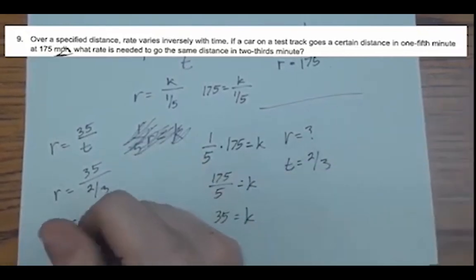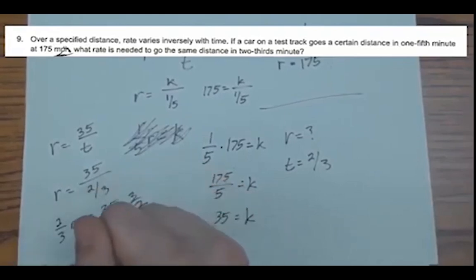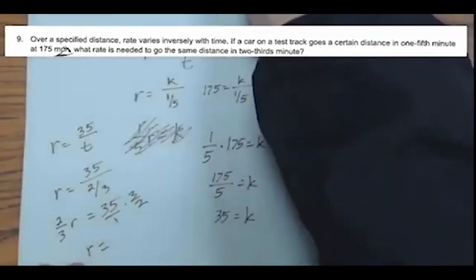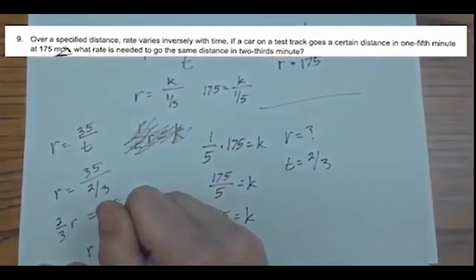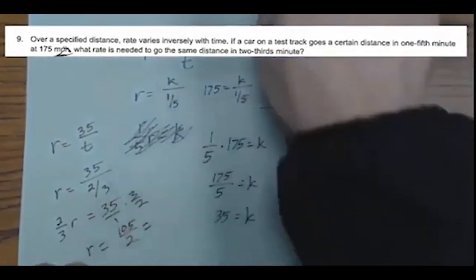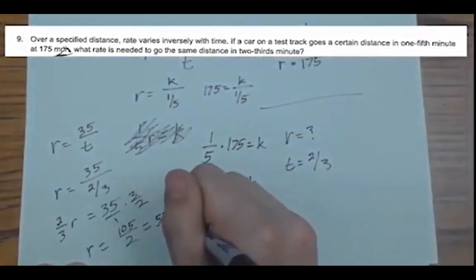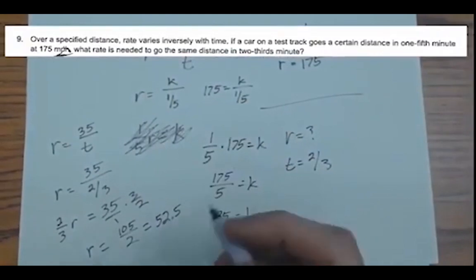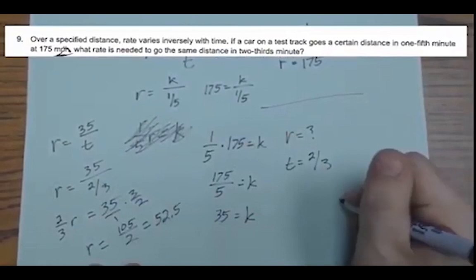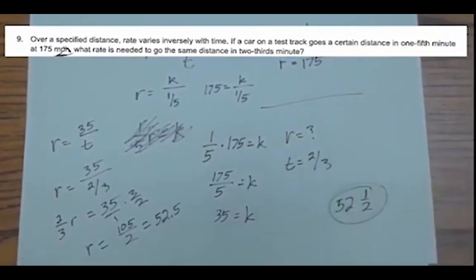Unnecessary, unless you need to see that we're multiplying by 3/2. Fractions, am I right? So this is 105 over 2. Which is 52.5. Since we were dealing with fractions the whole time, instead of 0.5, we really should say 52 1/2.